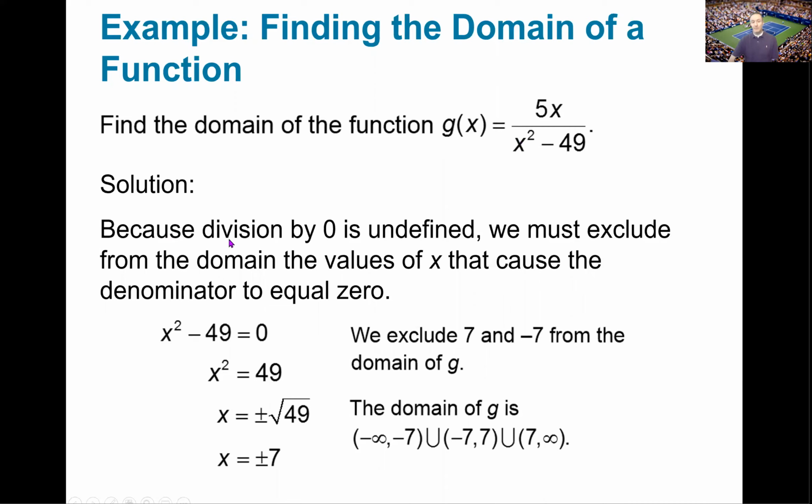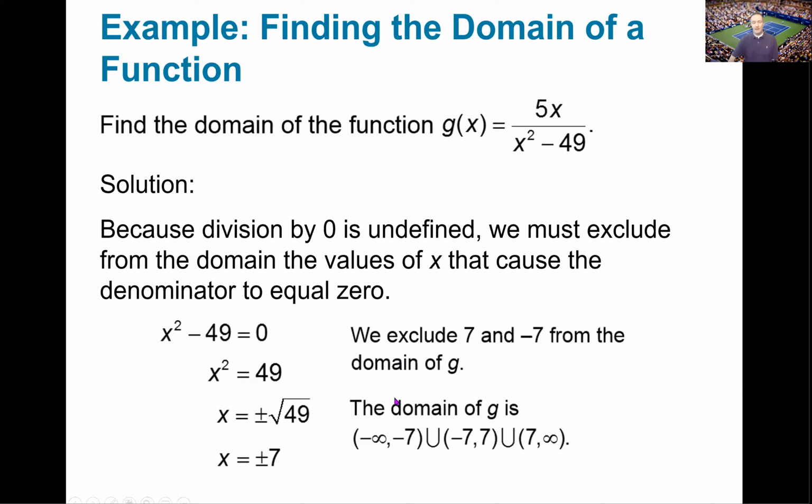So I can say because division by 0 is undefined, we must exclude from the domain the values of x that cause the denominator to equal 0. I set the denominator equal to 0, find those values. Gives me x squared is equal to 49. I take the positive and negative square root of 49, which gives me x is equal to positive or negative 7, which causes that denominator to equal 0. So that means we need to exclude the values of 7 and negative 7 from the domain of g.